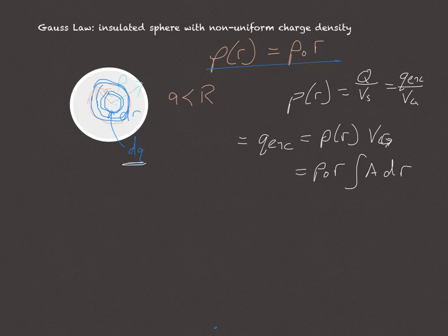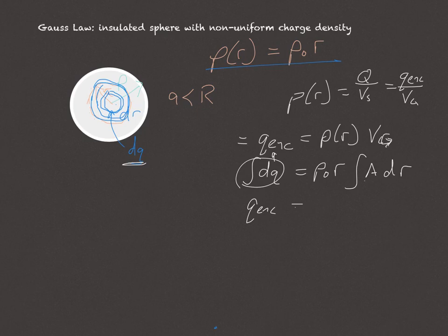And the charge enclosed is going to be the sum of all the little amounts of charge that are in each of those shells. So again, that's equal to the charge enclosed. Just to get the idea, I wrote it out.